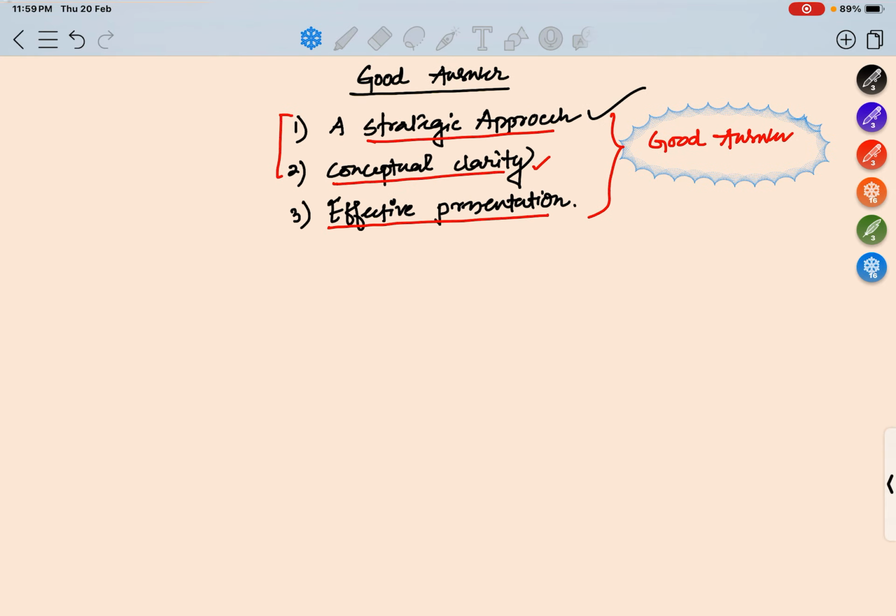Let's go. The first important thing for answer writing is understanding the question.